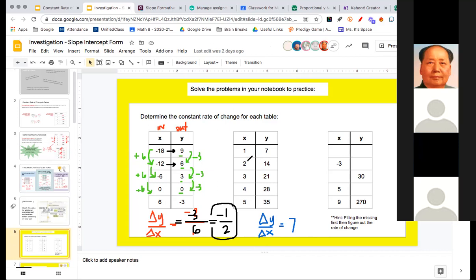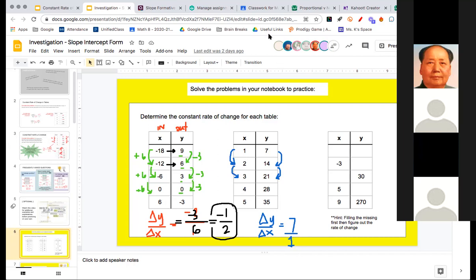And 7 plus 7 equals 14, and then plus 7 is 21. And 1 plus 1 is 2, and 2 plus 1 is 3. Good job. So the change in the y is by 7s, and the change in the x is by 1s.